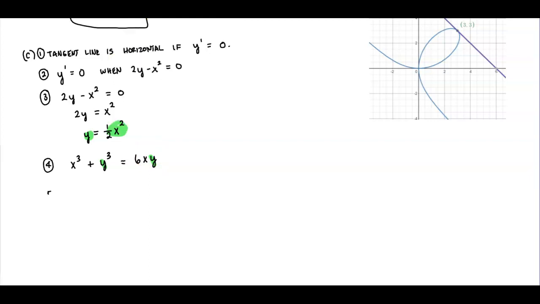So we have x cubed plus, now what are we plugging in for y? It's going to be 1/2 x squared, and then we cube that, and that's going to equal 6x times 1/2 x squared.